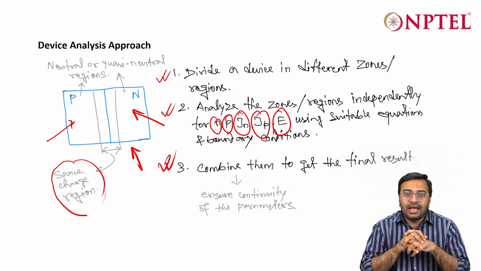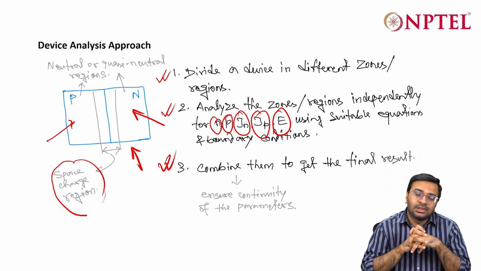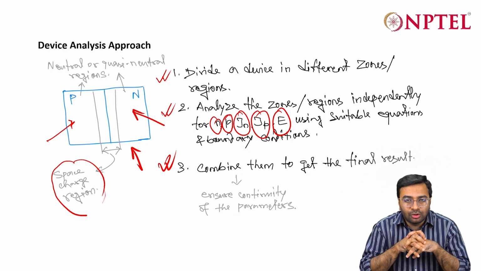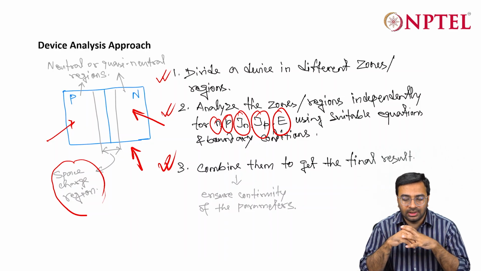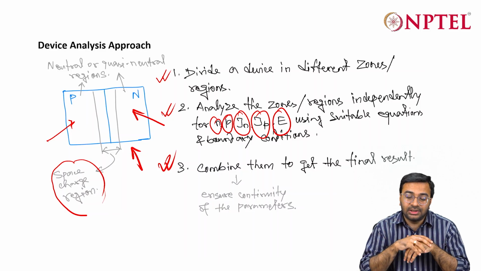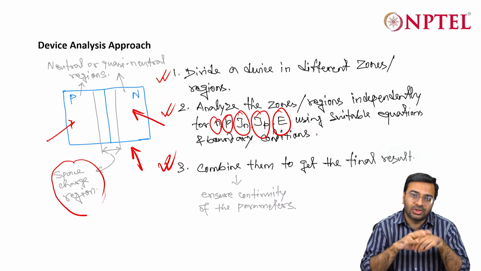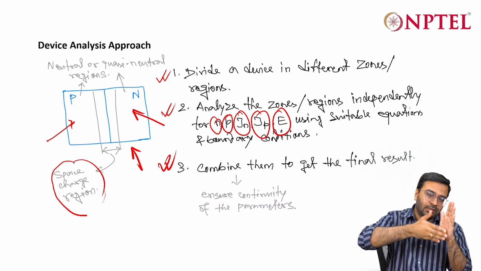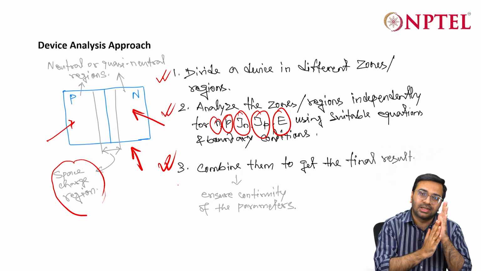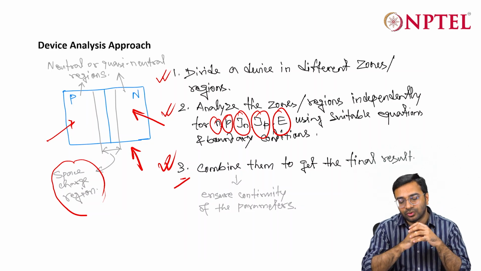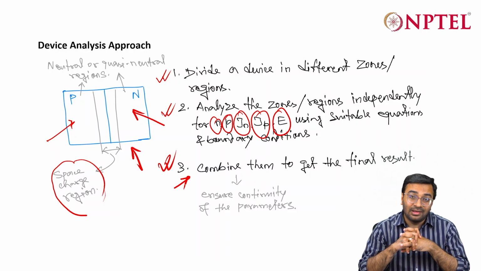So we already have discussed approximations associated with device analysis, and specifically we also have said that there are 4 different approximations that we will consider. One is space charge neutrality, one is depletion approximation, one is charge sheet approximation, where once a particular charge accumulates on one of the surfaces, we consider this as a sheet of charge. And one is very important, which is gradual channel approximation.